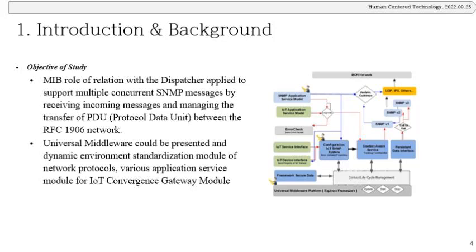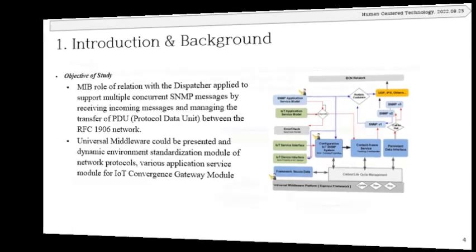The second point is that the universal middleware could be presented in a dynamic environment: standardization module of network protocols, and the various application service modules for the IoT convergence gateway module. This is a network step and system step, and then go to the next page.